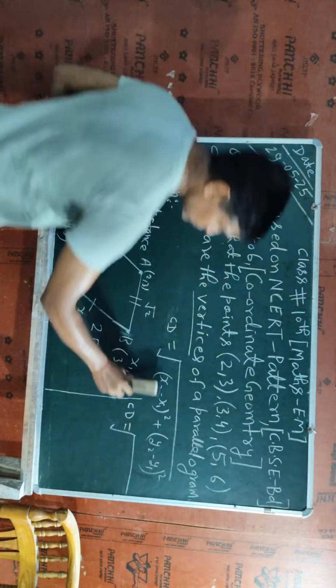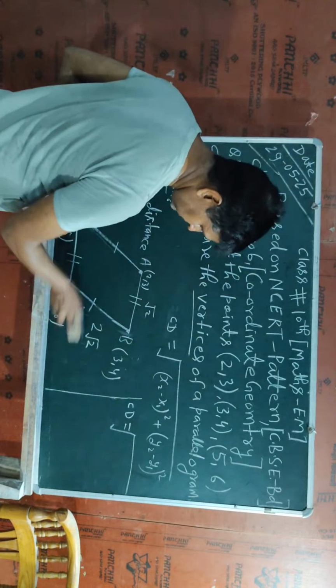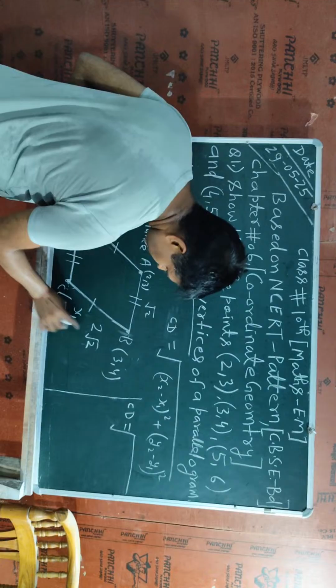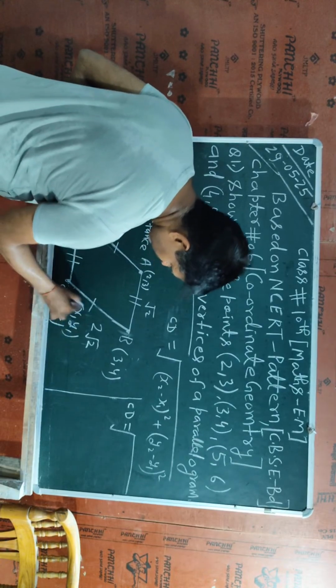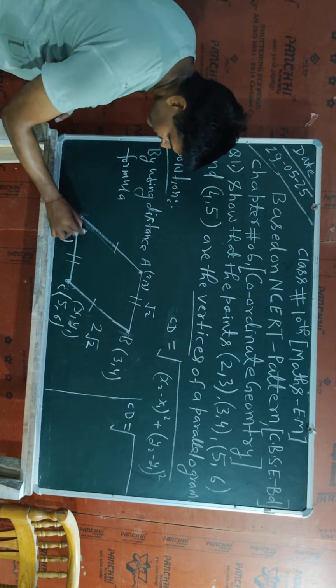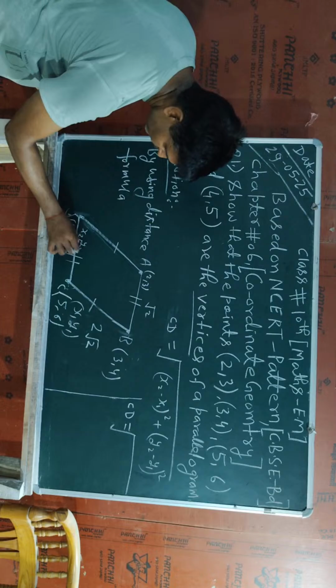Now here x1, y1 I am going to erase, and I will say this will be x1, this will be y1. Similarly, this will be x2 and this will be y2.